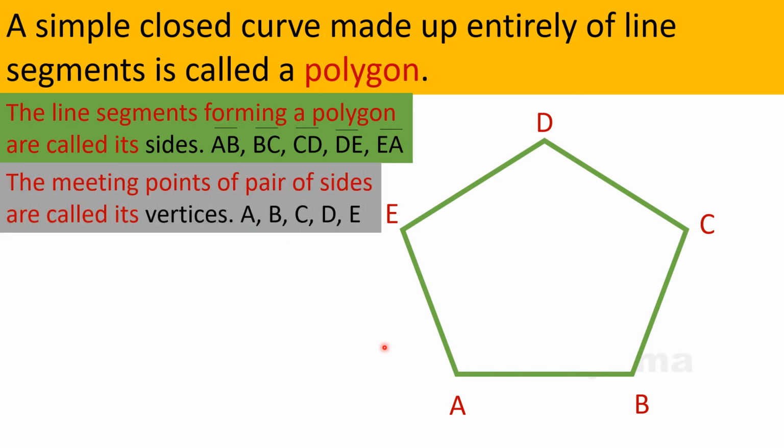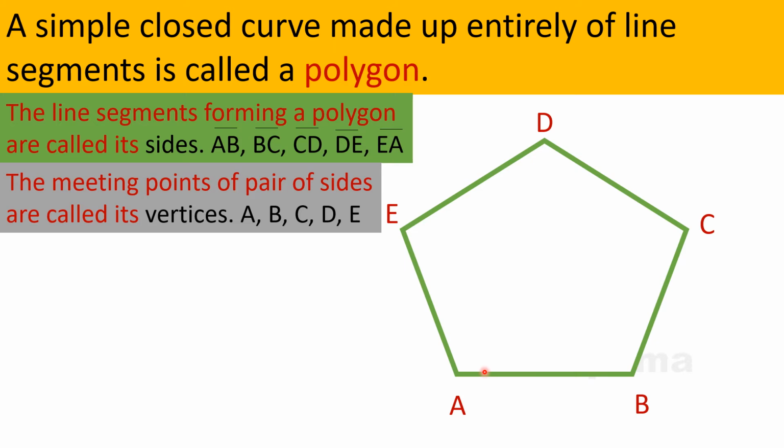Next one is the meeting points of pair of sides are called vertices, like AB and AE. The meeting point is this A. This is called vertex of AB and AE.